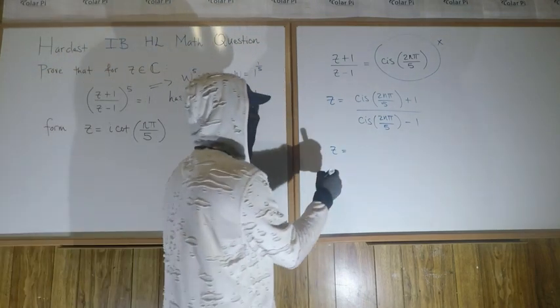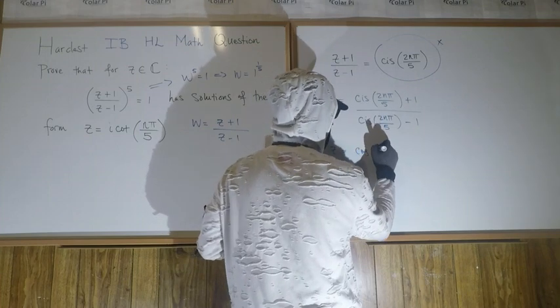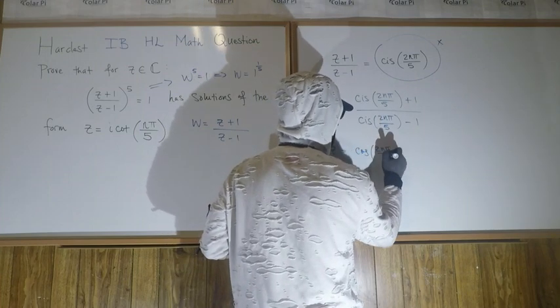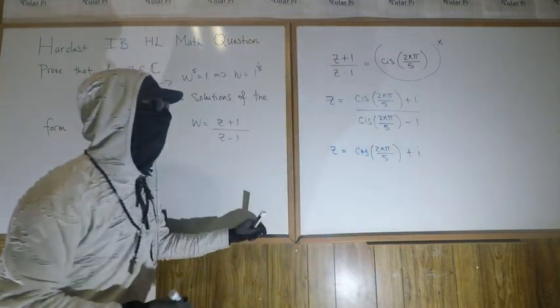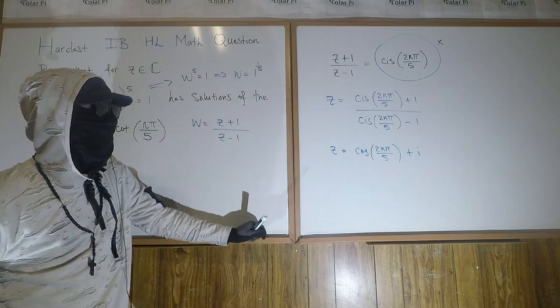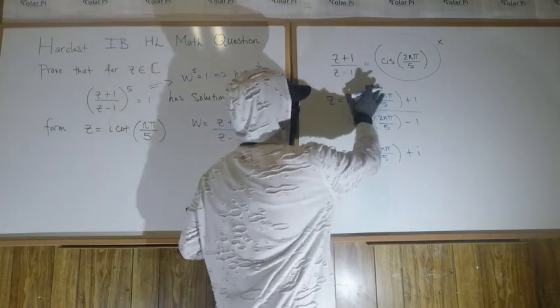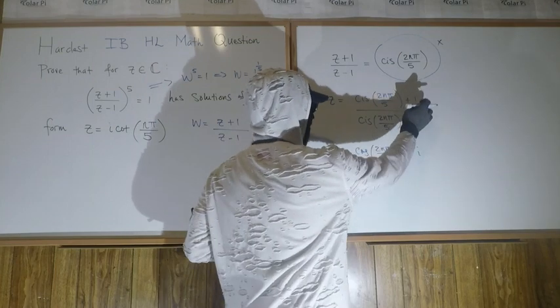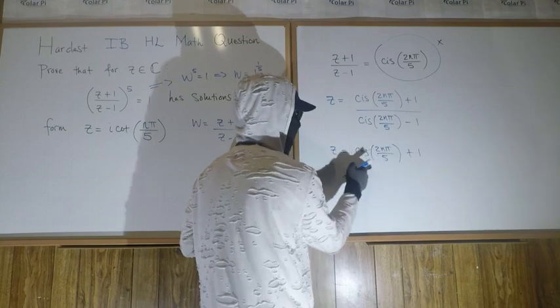So we go, cis is cosine, and so the numerator is cosine 2n pi over 5, and then plus i times sine 2n pi over 5. Notice that what I write over here is going to make the imaginary part of the whole numerator, but 1 is a real number, so maybe we should put the 1 that was here together with the real part.